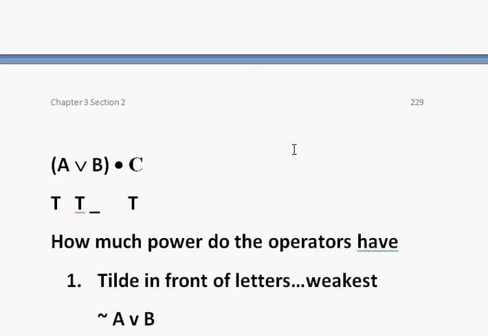I'm trying to remember which one's strike through. But we would essentially just take this and say, okay, so this is the main operator now.